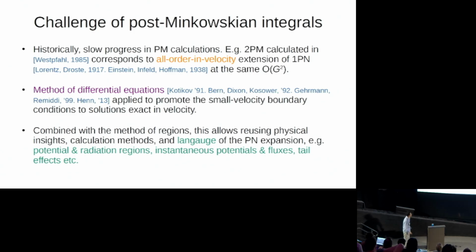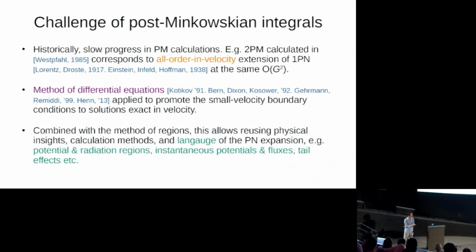Historically, the post-Minkowskian calculation has been much harder. For example, Westpfahl's calculation in 1985 produced the second post-Minkowskian result, which corresponds to all orders in velocity at order G squared.